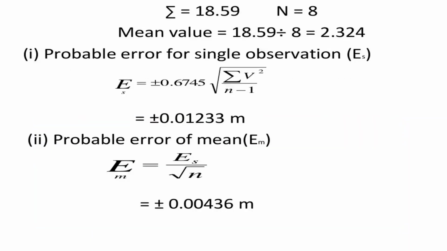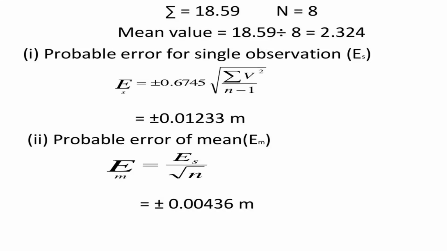So we know the formula for the probable error for a single observation and the probable error of the mean. Then the summation value is 18.59, the number of observations is 8, and the mean value is 2.324.